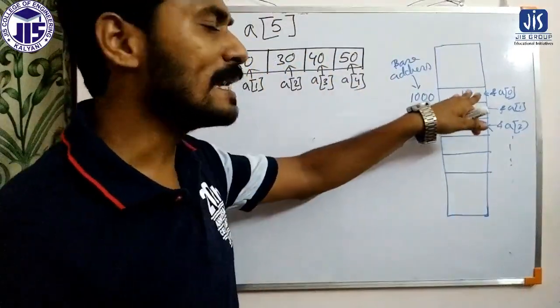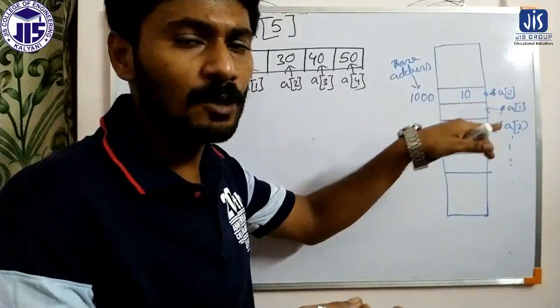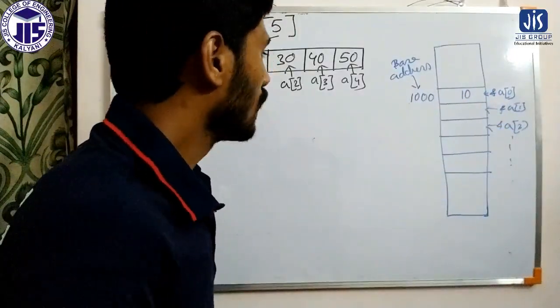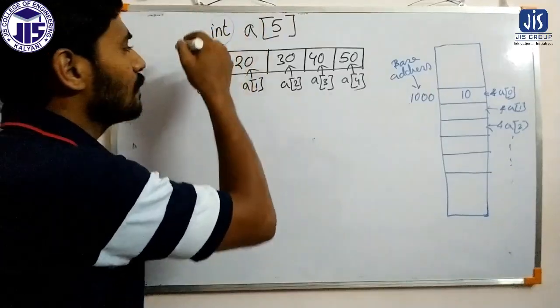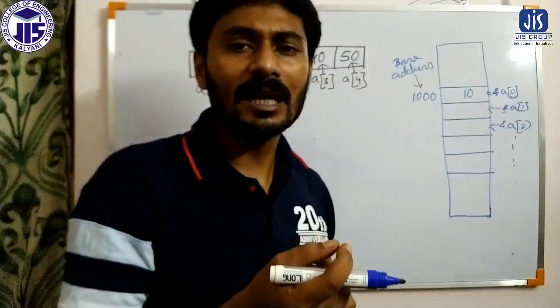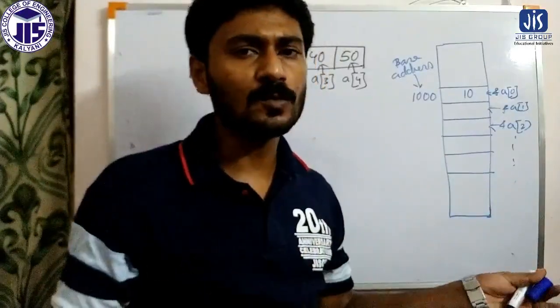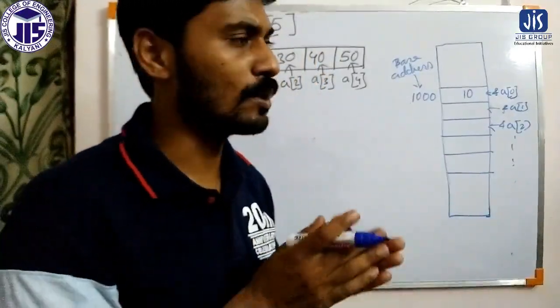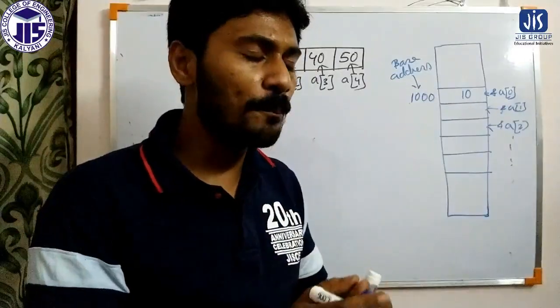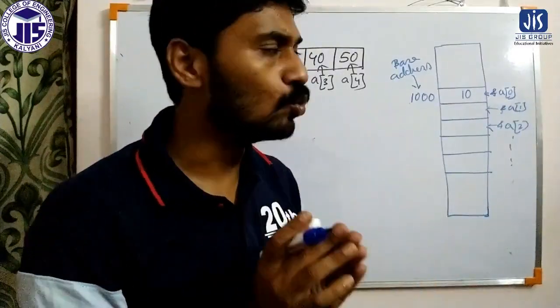So in that way, in an array, all the elements of the array will be stored in continuous memory locations. Now as it is an integer type array, every integer will take 2 bytes in case of a 32-bit compiler; in case of a 64-bit compiler it will take 4 bytes. So here we are considering a 32-bit compiler and the size of the integer is 2.